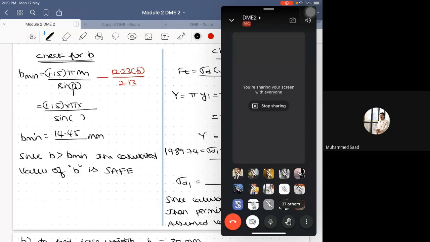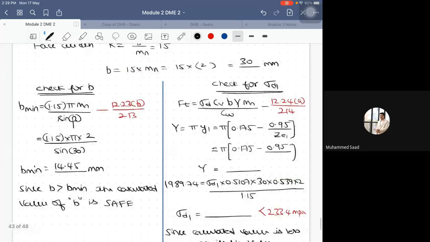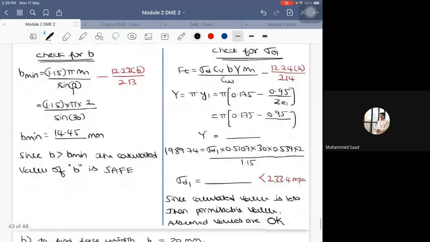Okay then. Okay, 14.45. Mn is 2 and beta is 30. So the B that you have calculated is 30. So B minimum was supposed to be 14.45. So it is way greater than that, whatever the calculated value is. So it is totally safe.